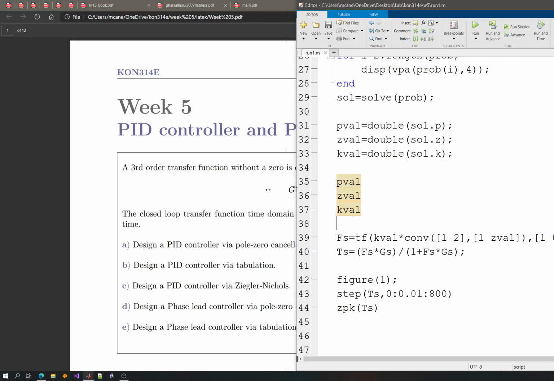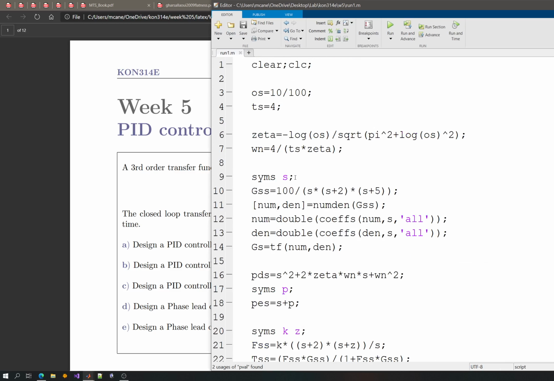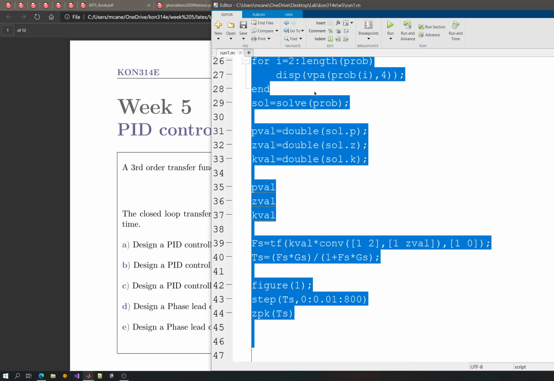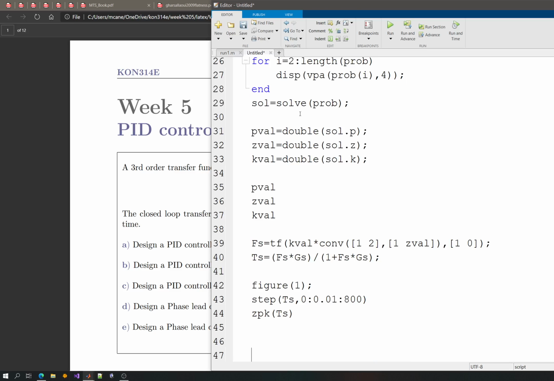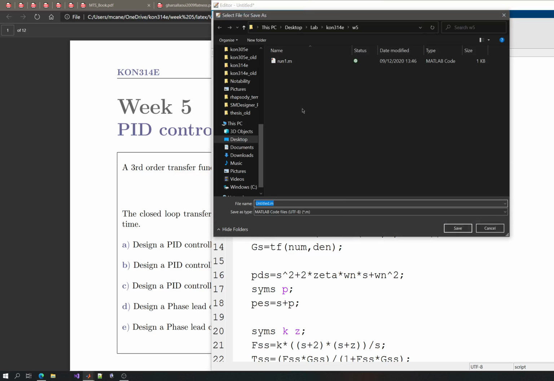Now, I will go ahead and copy the whole thing here and paste it in here and save it as run2.